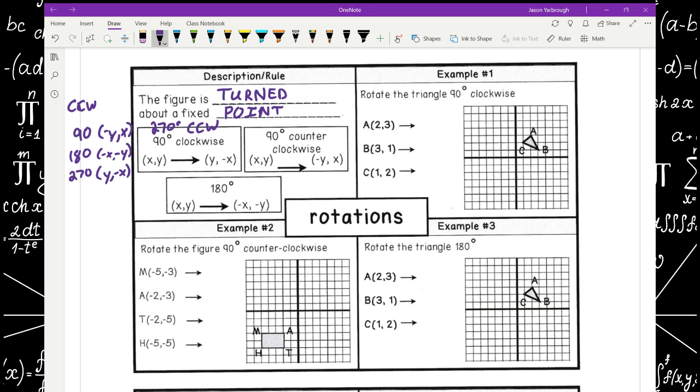So notice, again, if we ignore the zeros on this, we've got 9 and 7 that are both odd. Since they're odd, notice that the x and the y switch locations. Now the signs, I'll show you another way of looking at the signs in a minute. But if we look at the 180, that's even.